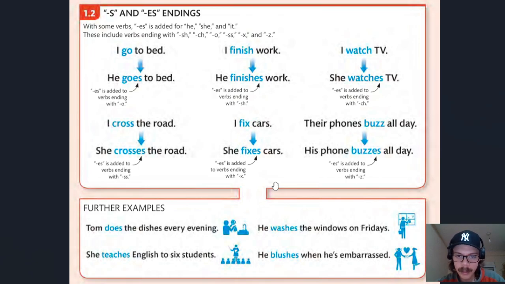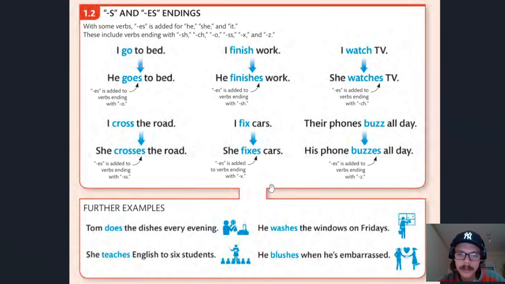Okay, that's when you have a vowel before the letter Y. Now, for the verb fly, when you have a consonant before Y, when you add S, you have to change the letter Y. And you're going to be changing it to a combination of two letters, I and E.